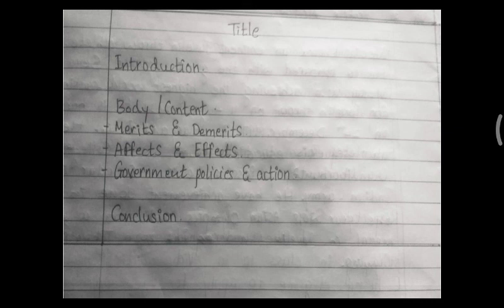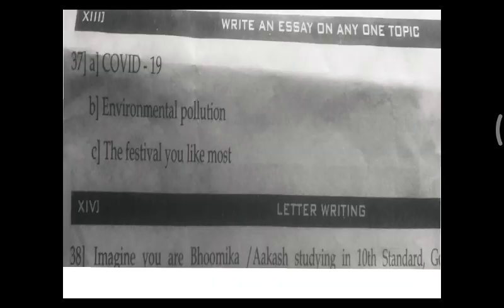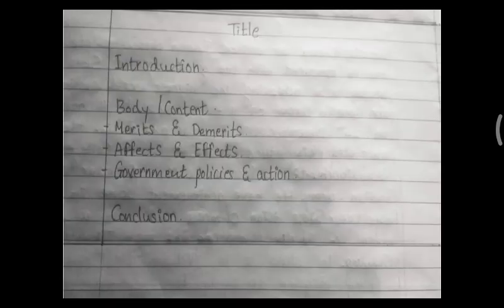Everything has its merits and demerits, so you can write one paragraph upon its merits, another on its demerits, and if it has some effects, how it is caused, how it affects, what the reasons or causes are, and how it can be stopped.